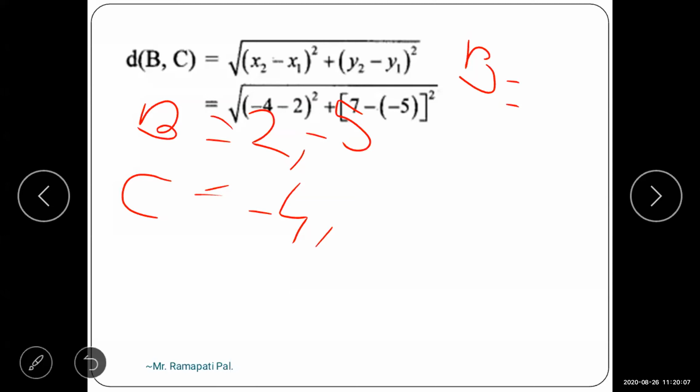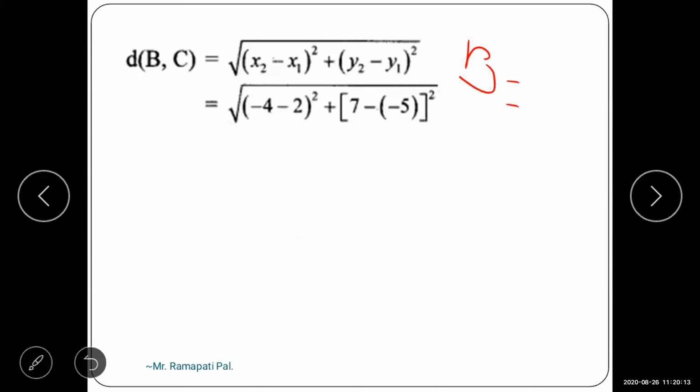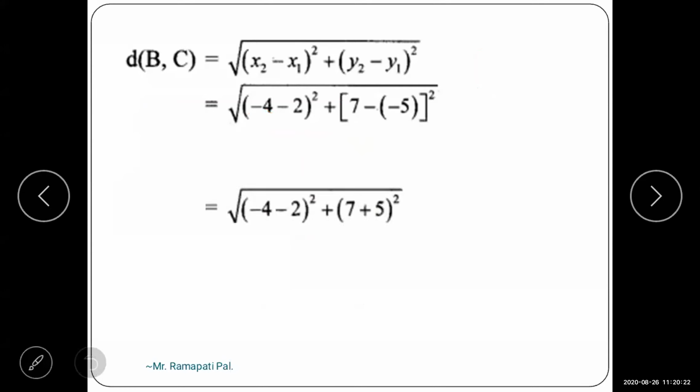Let me remove what I have written so that you can see properly. Okay, now it is visible to you. Now solve it.